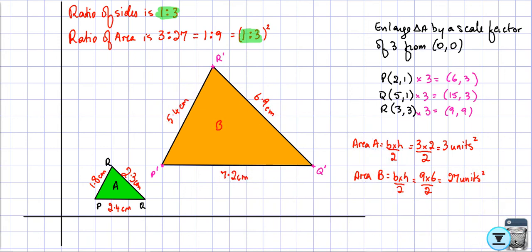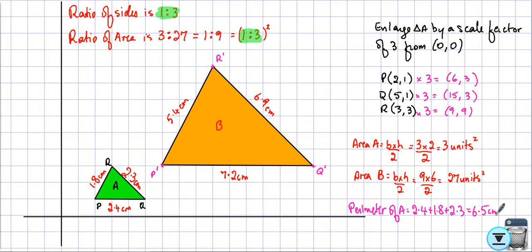So if I now find the perimeter of A, the perimeter of A is 2.4 plus 1.8 plus 2.3, which gives a total of 6.5 centimeters.